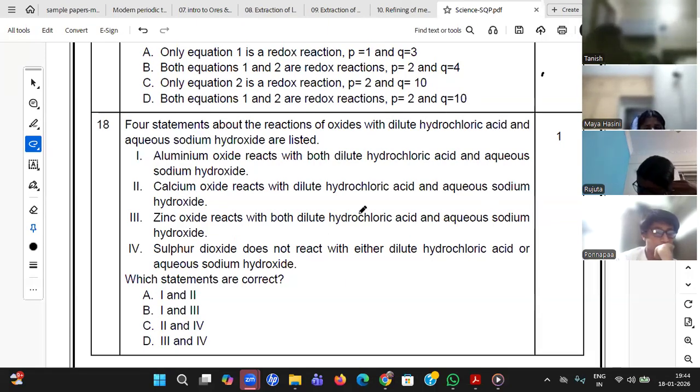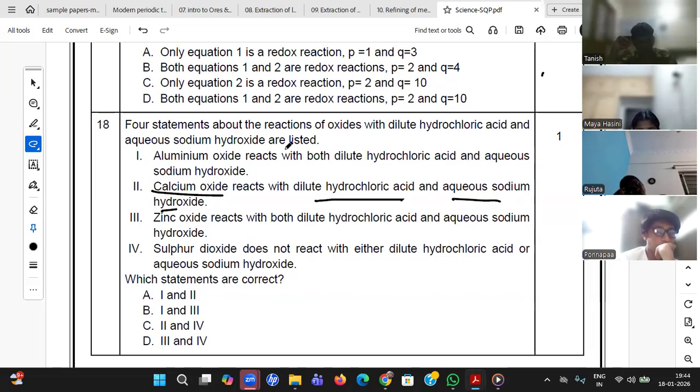Right answer. Okay. So calcium oxide with dilute HCl and aqueous sodium oxide. So what is the question? Tanish, why is the first one wrong? Maya: Sir, the first one is actually right. Okay.